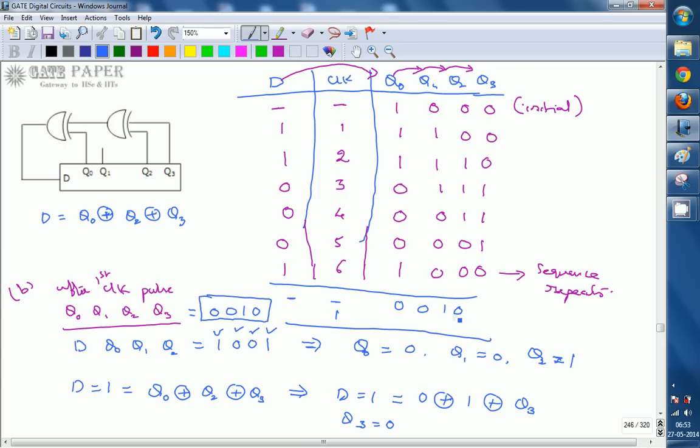For 010, D will be 1 itself. So after the first clock pulse you get this 1 over here, and the shift takes place like this. So 1001 will be your state after application of one clock pulse if the initial contents of the shift register are 0010. So the answer for this one is 0010.